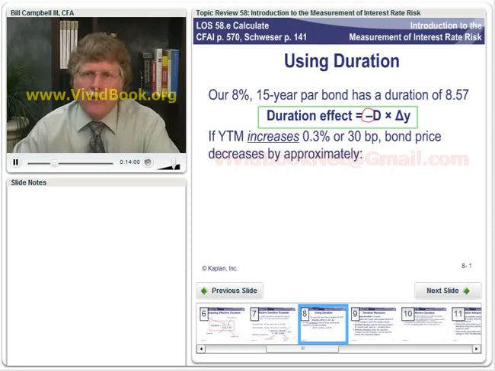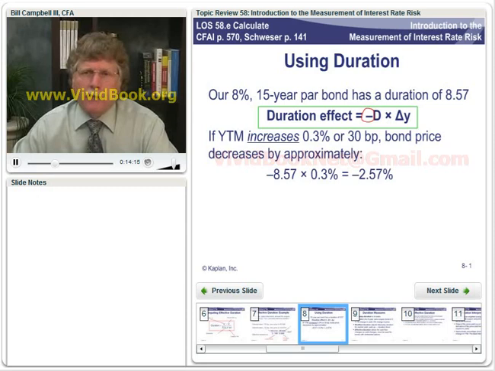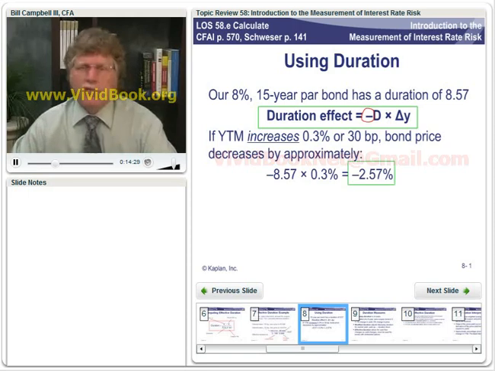So if you have a positive change in yield, you're going to have a negative percentage change in price. So if yield to maturity increases 0.3%, the bond is going to change by approximately negative 8.57 times 0.3%, or negative 2.57%.